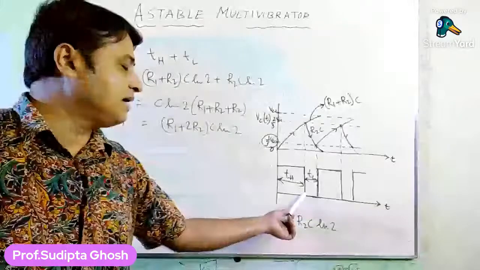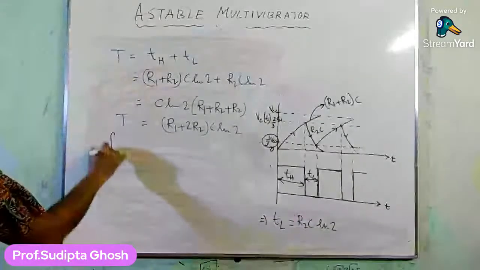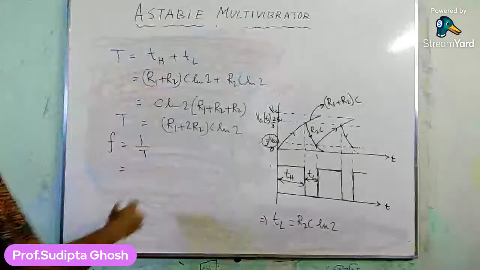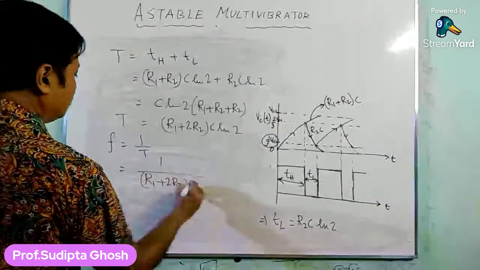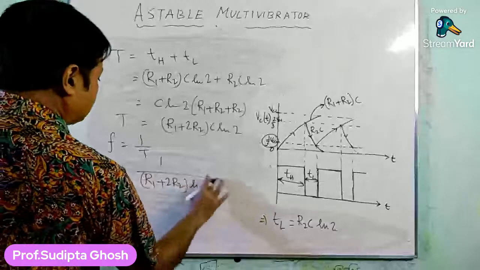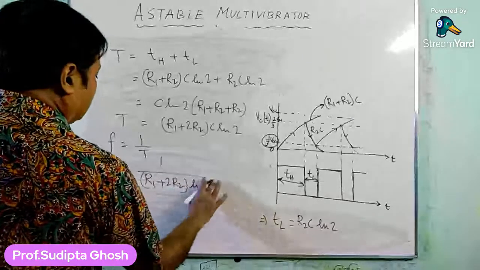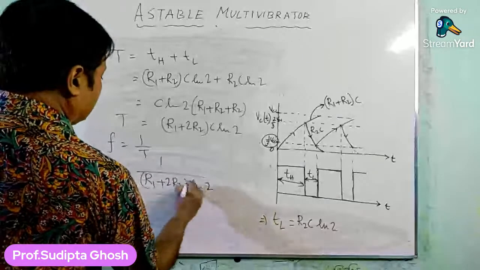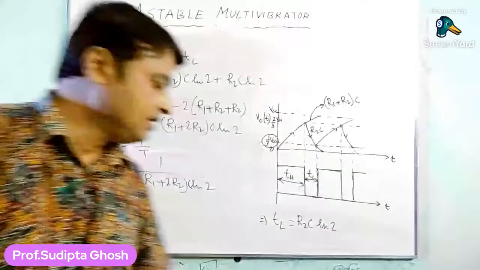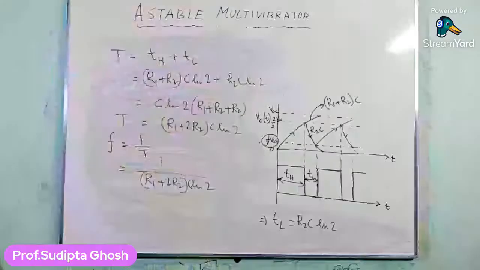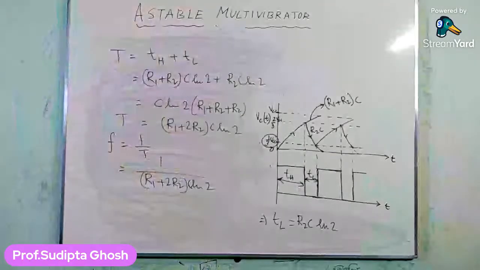The frequency of oscillation is just 1 by T, that is, 1 by (R1 plus 2R2) into C into ln 2. That is the frequency of oscillation for an astable multivibrator.